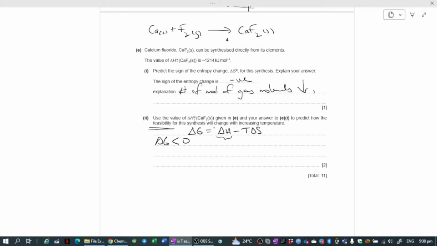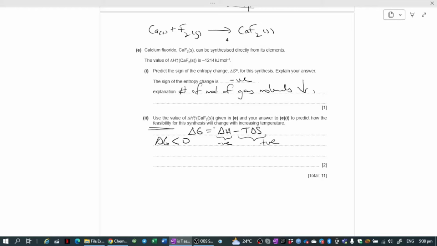So the first term is negative. And what happens is that our second term, negative T delta S, is actually a positive value, because delta S is negative and minus T makes it positive.